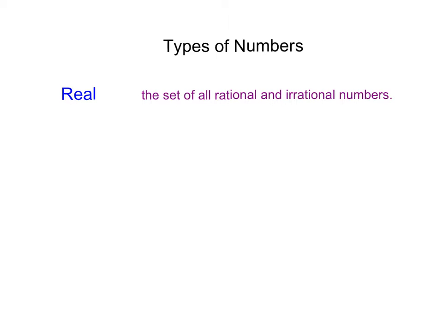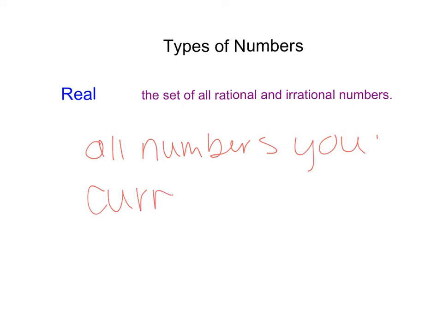First, you need to know that the real numbers are the set of all rational and irrational numbers, and right now with your knowledge of math and numbers and algebra, the real numbers are really all of the numbers that you know. So all of the numbers that you currently know are considered real numbers.